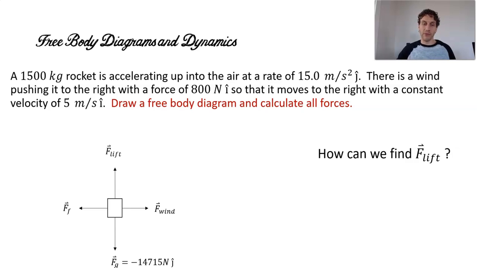Now, if we can find the net force upwards, then we can find this one because we've got this one. Let's say that the net force is 120 newtons upwards.